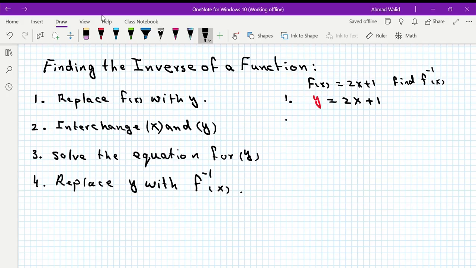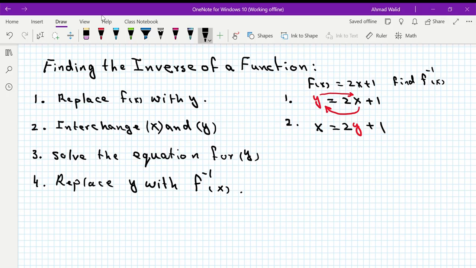Step 2, interchange x and y. It means x comes here, put the y here, correct? And write this way. x equals y plus 1. Do you see how I did? Interchange x with y.